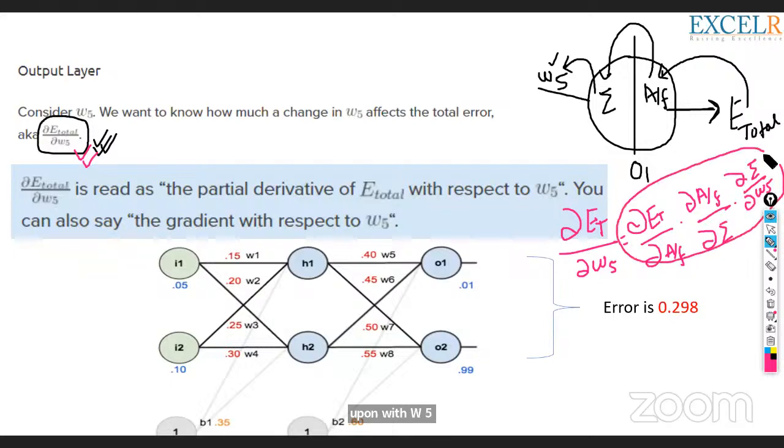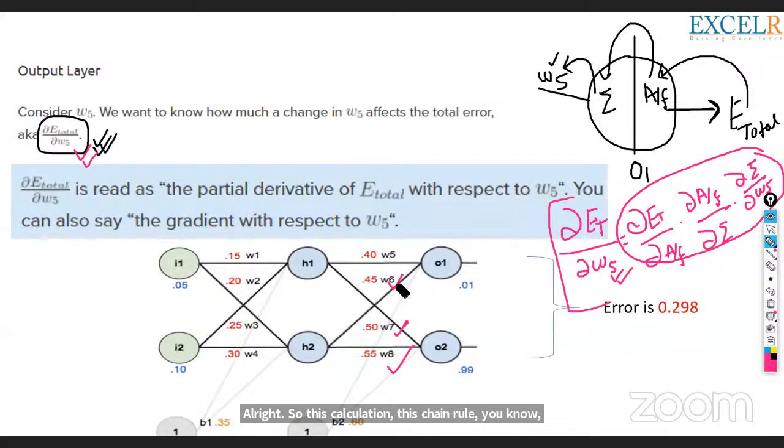So this calculation is present at the backend when it comes to weight updation. This is with respect to W5. The same thing it will do for W6, W7, W8. This chain rule derivative part will be there if you are talking about weight updation.